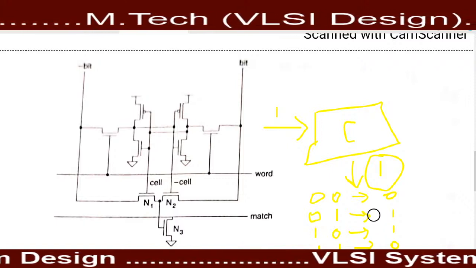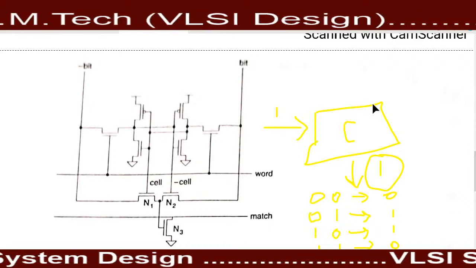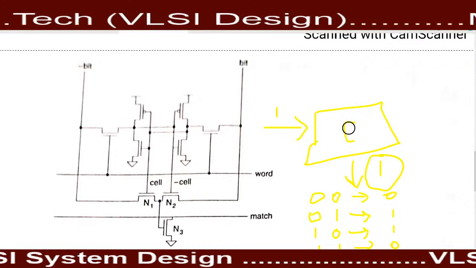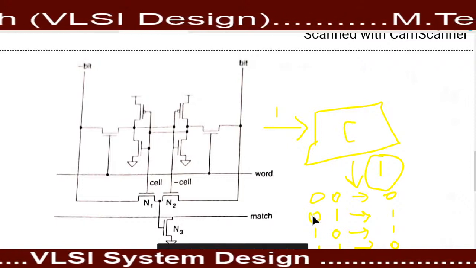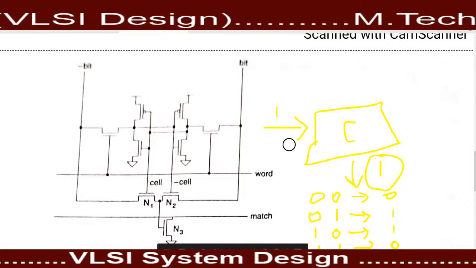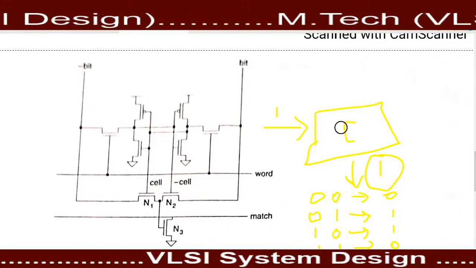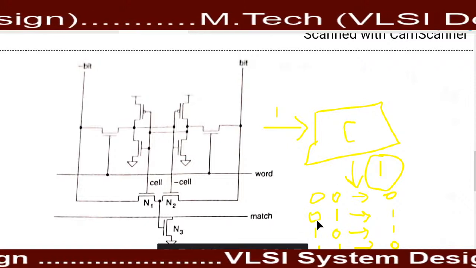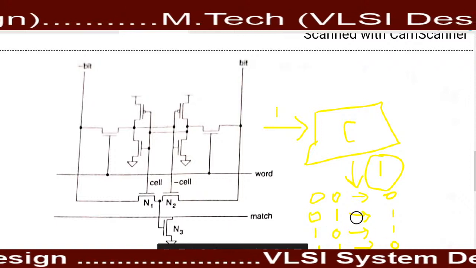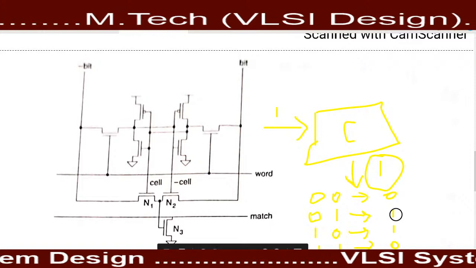Okay, so suppose the input of the CAM memory and the data stored in the CAM memory are not matched. One input is the input provided to the CAM memory, and the other is the data stored in the CAM memory. If these two values are not equal, the output of this XOR gate will be 1.